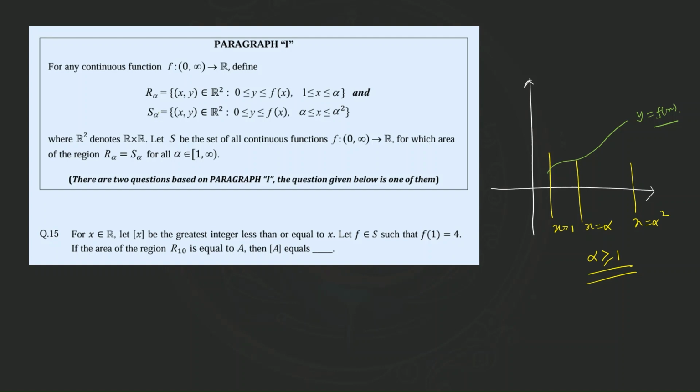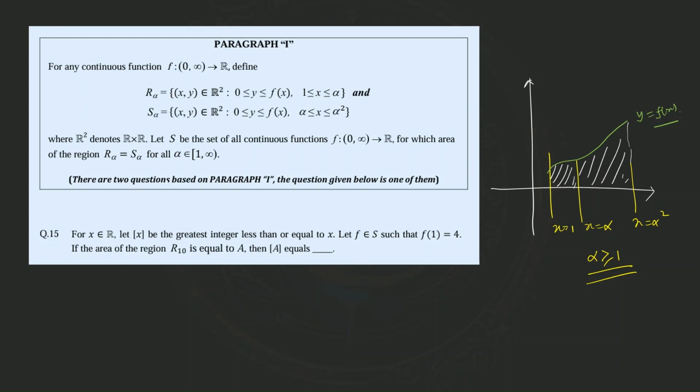R alpha is the area bounded by y equal to f(x), x equal to 1, and x equal to alpha. And the area of the region S alpha is the area bounded by the curve y equal to f(x), x equal to alpha, and x equal to alpha square.